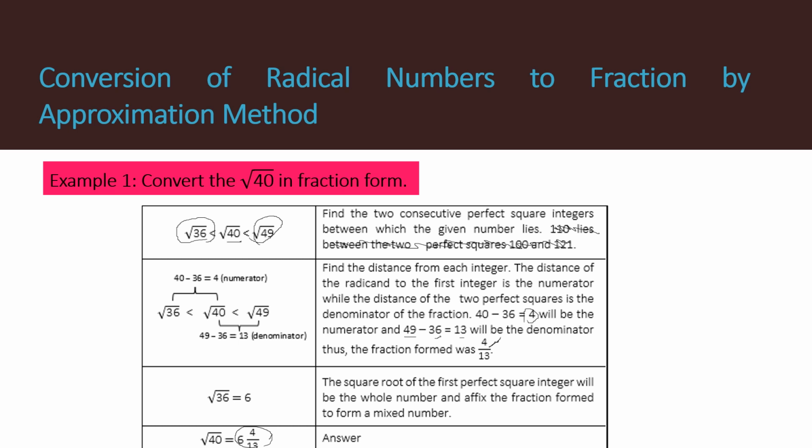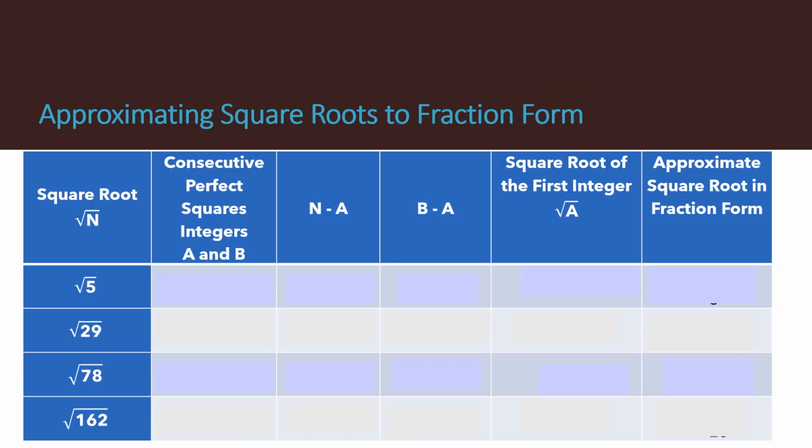Let's have another example. Let us try to answer this activity. We have the square root of 5. Let us approximate its value in fraction form by following the steps a while ago. Here is the perfect square pair between which we could find the square root of 5. It is between the square root of 4 and the square root of 9.